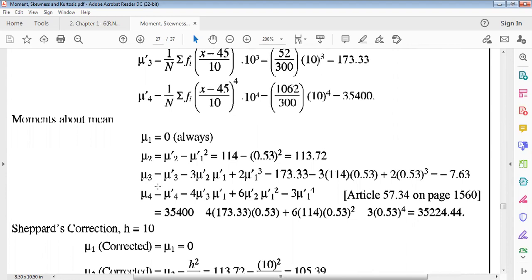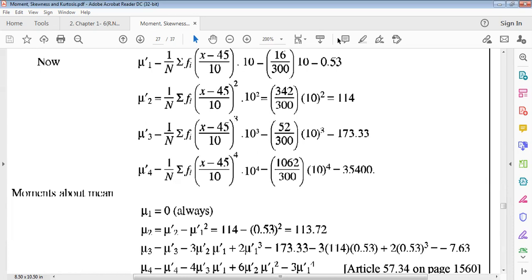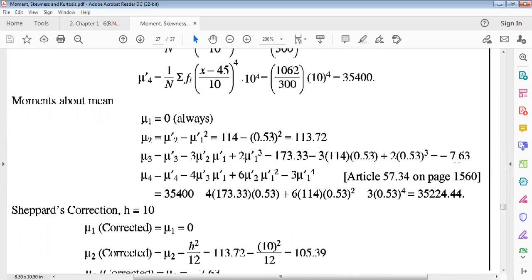And the second, third and fourth corrected moments will be found using the relationship between raw moments and corrected moments. In the previous class, we learned more about this. Okay, so it is not difficult for you. So the second corrected moment will be this, 113.72. For mu3, just put in the above values. Okay, we get this one. Now the fourth corrected moment will be this. This is actually the result.